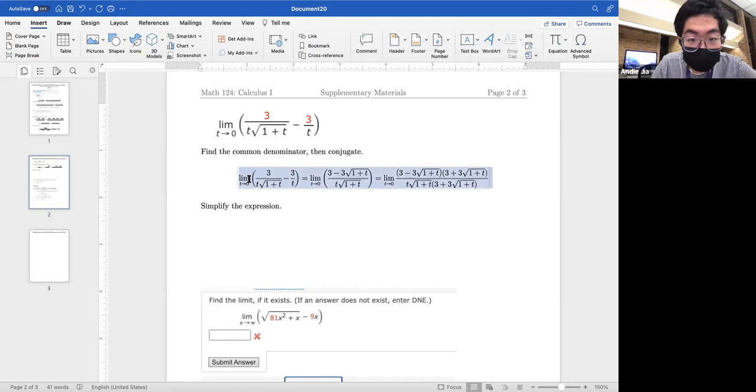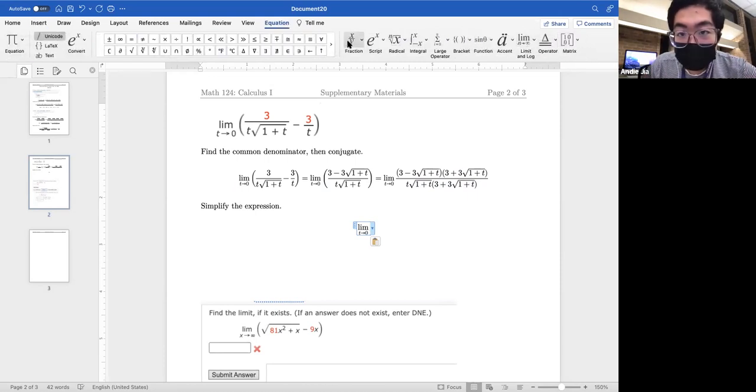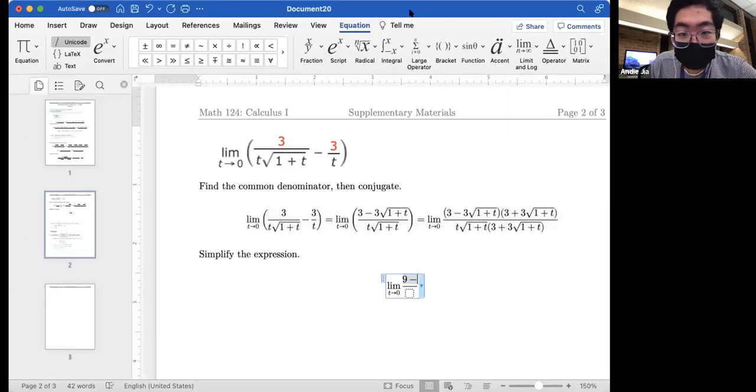So like limit, just a simplified expression, that'll be 3 minus, that'll be 9 minus that'll be 3 times 3, 9 times 1 plus t. Now do the algebra.